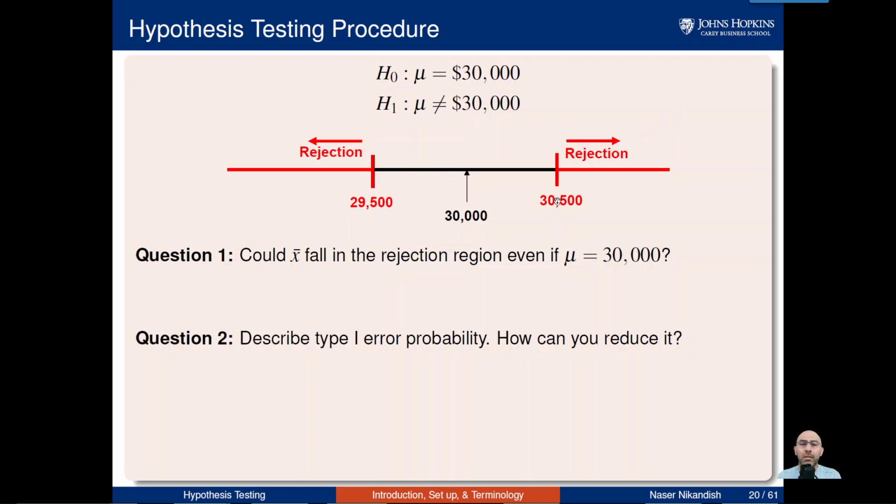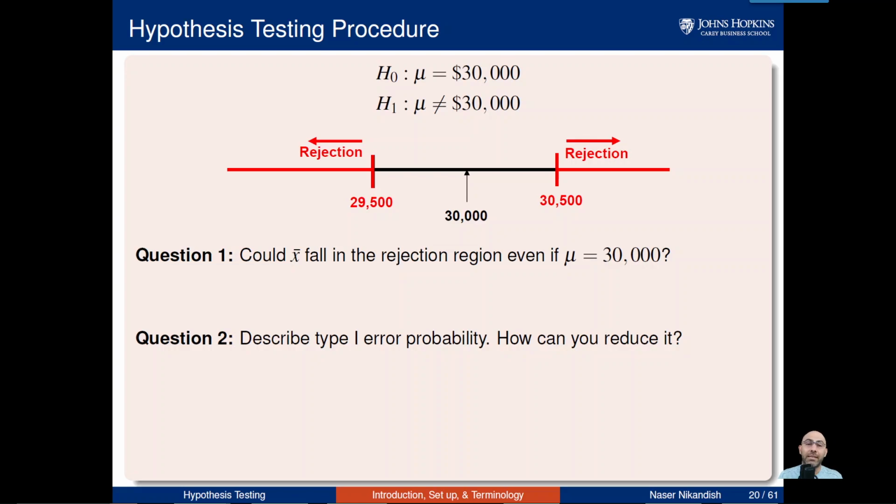Now, let's talk about errors. Is it possible for X bar to fall in rejection region if mu is equal to 30,000? Yes. Even if your mu is exactly 30,000 and your sample is in a way that completely randomly X bar is very very small or X bar is really really large, then you are going to reject a correct H0.